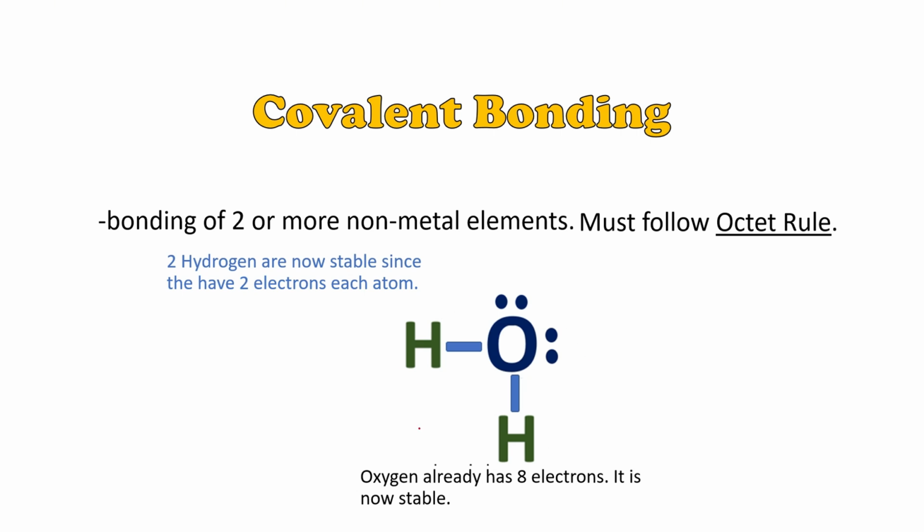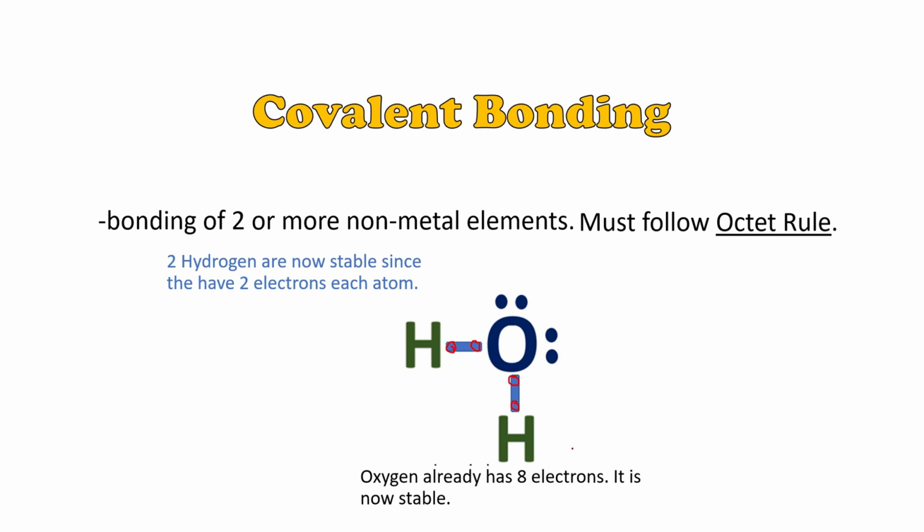This will become its structural diagram. We change the shared electrons into lines. So the line means we have two electrons being shared in each line. So here and here. If you see lines in this kind of diagram, it means there are two electrons in each line.